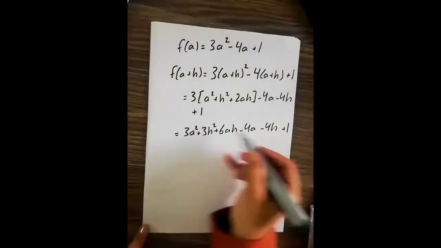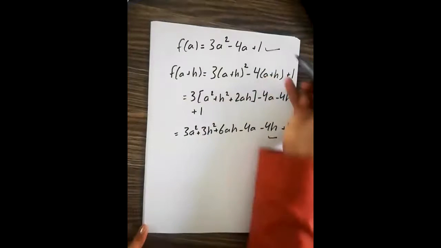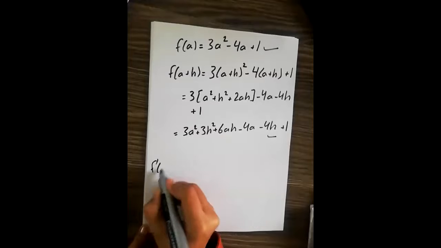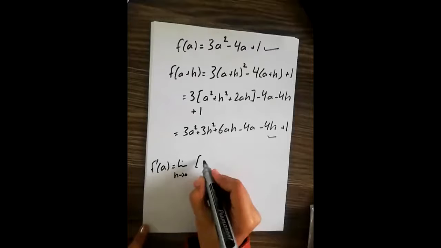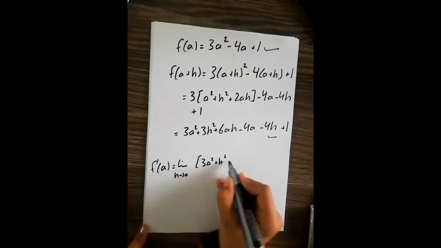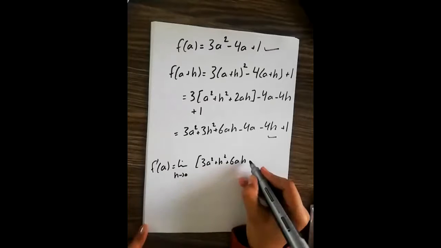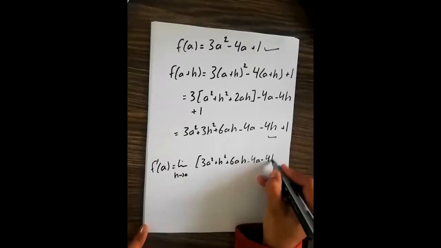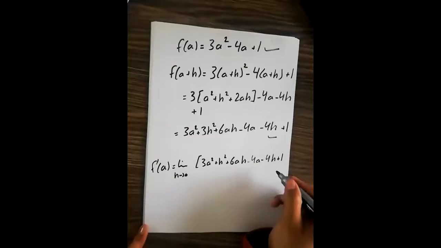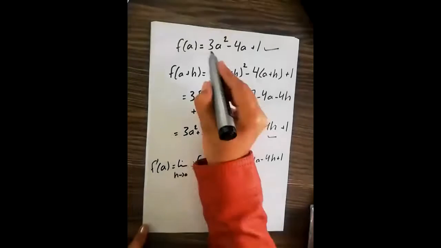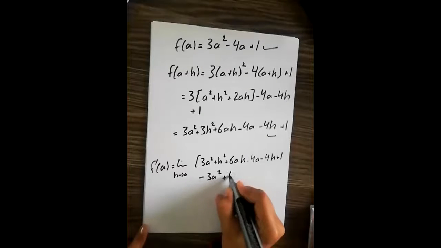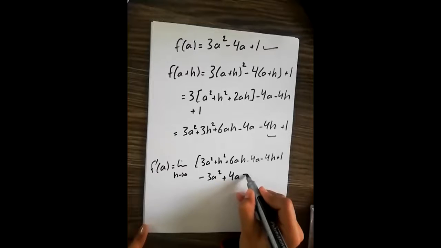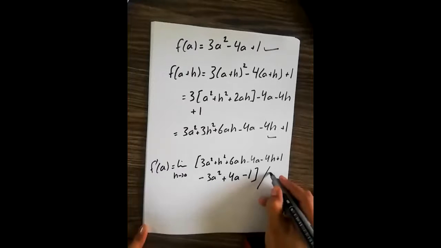Now put these values, this one and this one, in the formula. f prime of A is equal to limit h approaches to 0 of f of a plus h, which is 3a square plus 3h square plus 6ah minus 4a minus 4h plus 1, minus f of a, which is 3a square minus 4a plus 1, all divided by h.